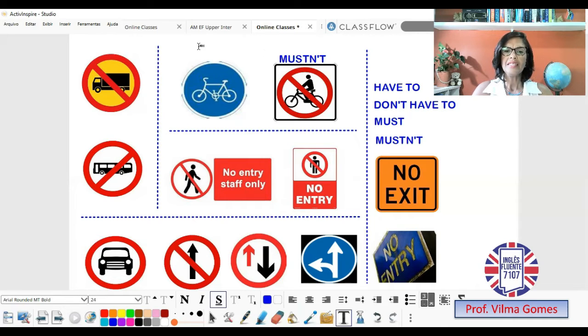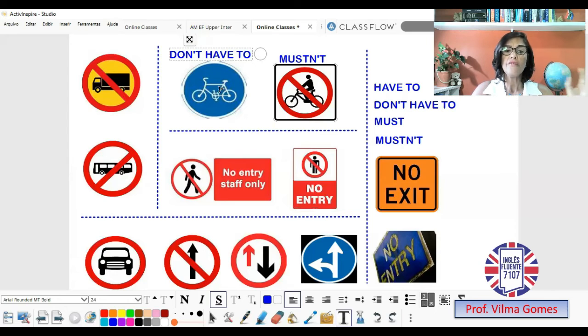Very good. And then, this. This is the opposite of it, isn't it? So here, I could use don't have to. Why? Look. In here, you are forbidden. Você está proibido de andar de bicicleta. You are not permitted to cycle here. Certo? Você não tem essa permissão.